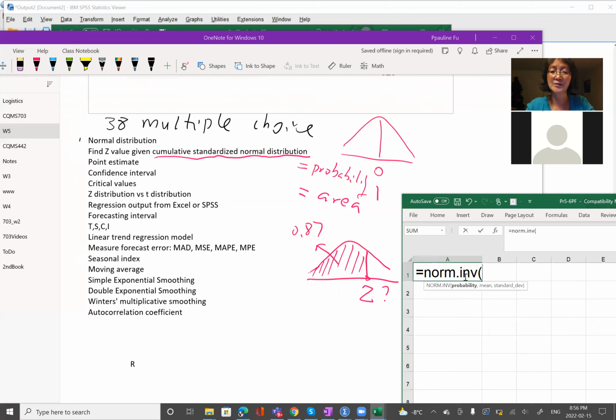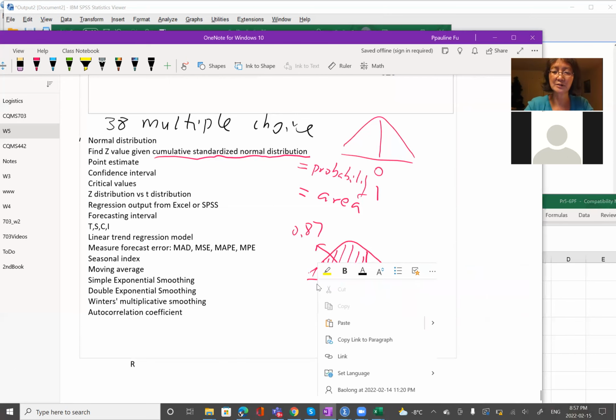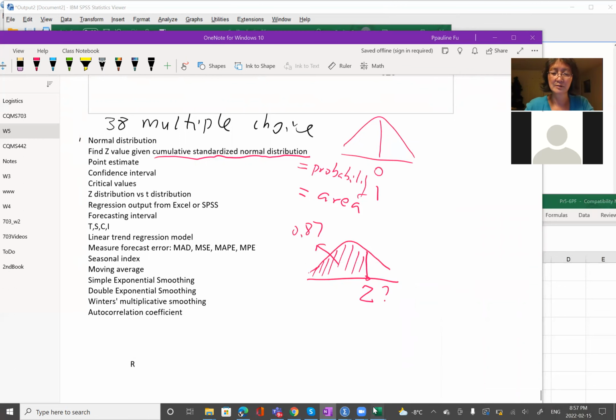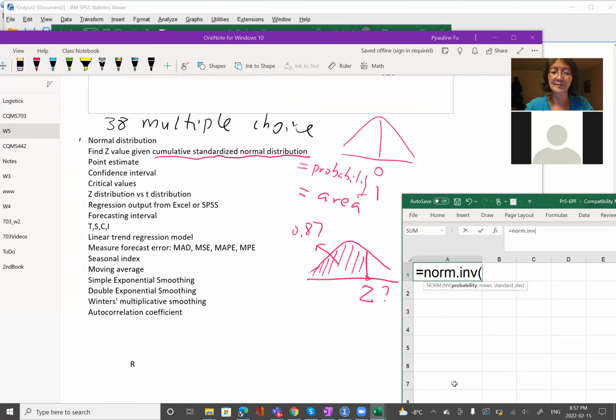Probability is the area. It has another name, cumulative standardized normal distribution. So if I give you 0.87, mean is 0, standard deviation is 1, and you get this value.